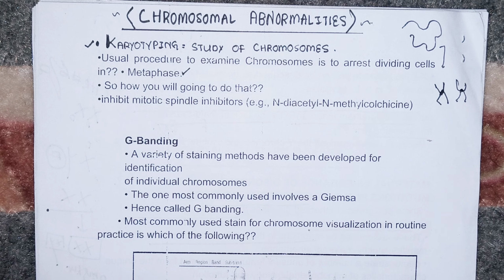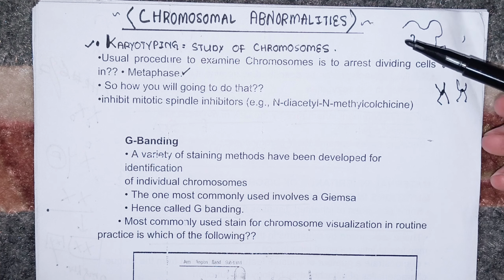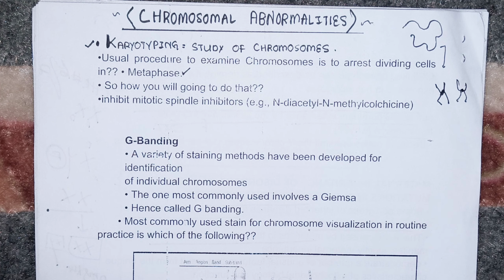So now you know why we first need to arrest the dividing cell in the metaphase, to have the condensed chromosomes which can be visualized. However, if you want to perform karyotyping in other stages of the cell cycle like prophase, anaphase, telophase, you can't, because the chromatin is very much dispersed by that time, and this thin thread-like structure can't be visualized, obviously. So metaphase is the stage where the chromatin material is very much condensed and it can be visualized.